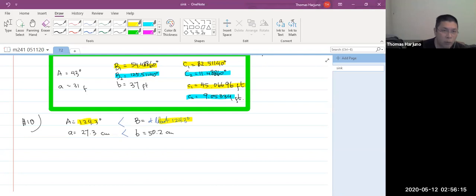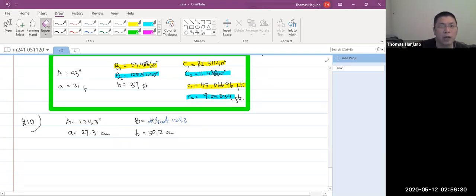Okay, but of course the way you argue should not be like this. We know by looking at that there's no solution, but we need to show that in a systematic way. The systematic way will be by showing the law of sine and showing that the sine will be greater than 1 in this case.